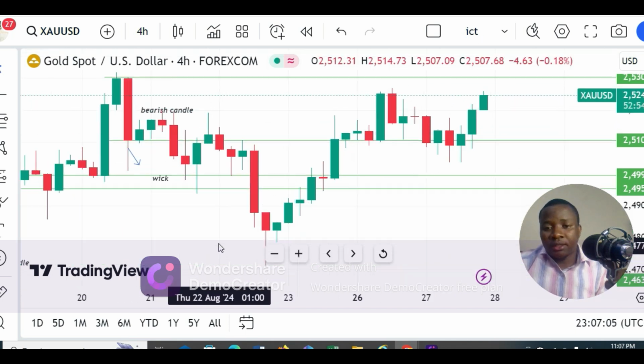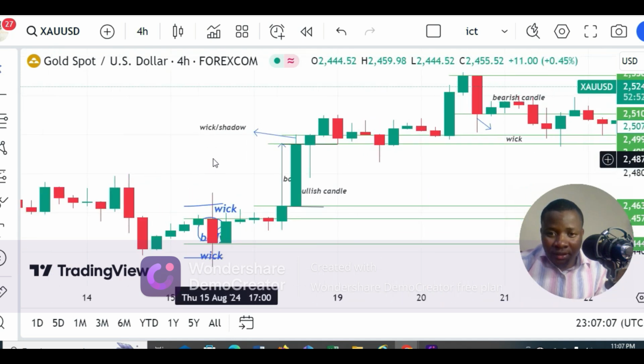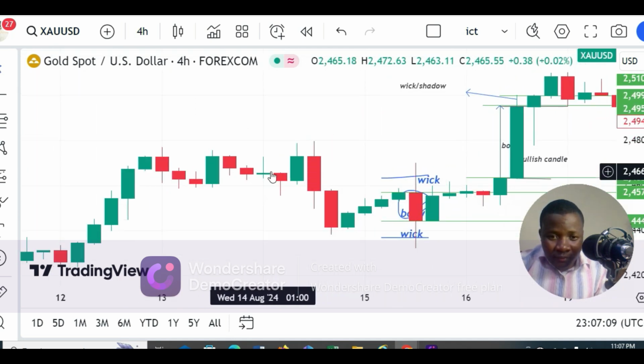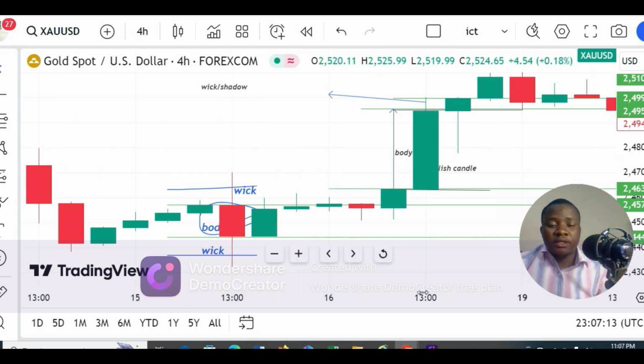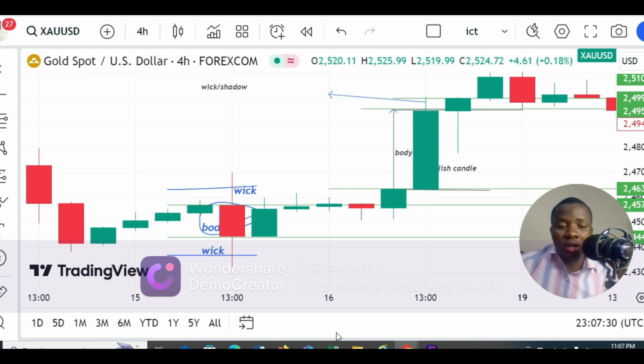What does it mean in this case? You can see what happened there. The price opened at 24.7 and closed at 24.44. So that means it is a bearish candlestick, but then it has wicks on both sides, on the upper and the lower side.